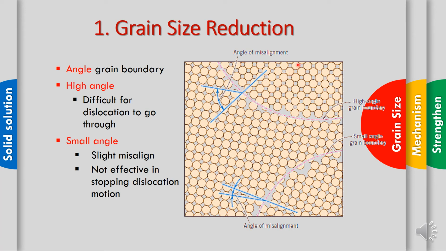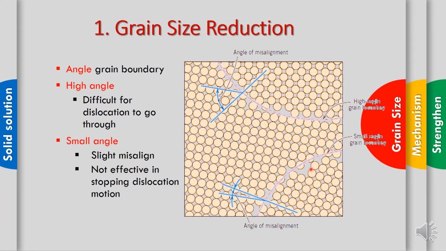You can see this grain's orientation is in this direction, whereas the second grain's atomic arrangement is in this direction, and the third's atomic arrangement is in this direction.